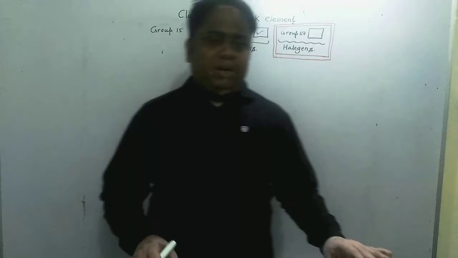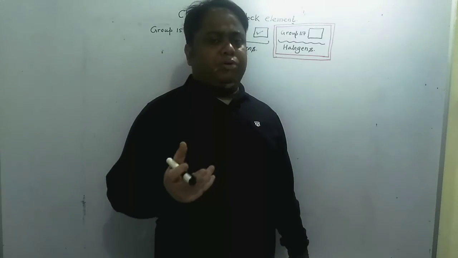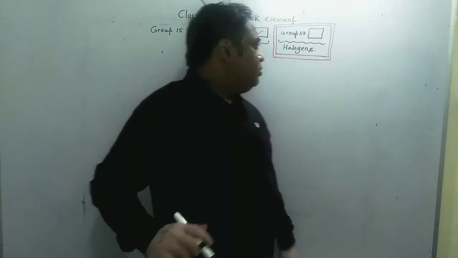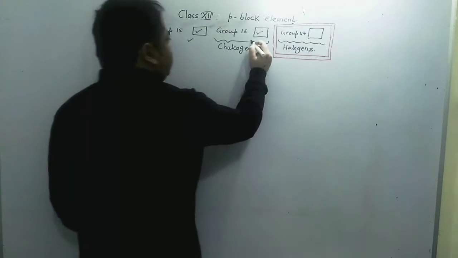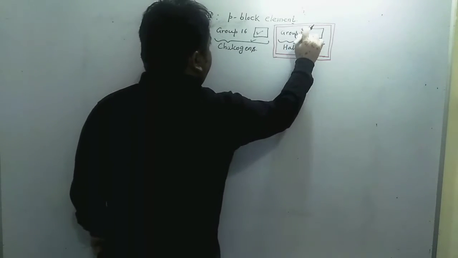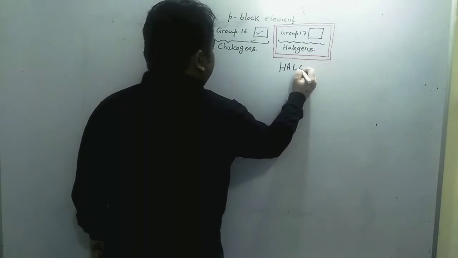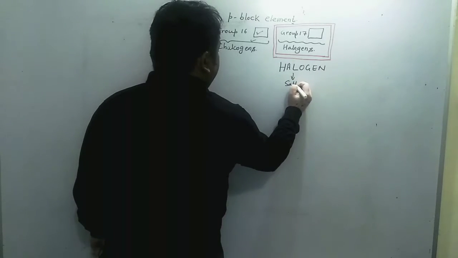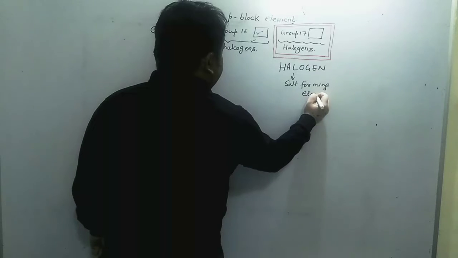So we will see a few halogens at first. After that we will see a few compounds of the halogens, and preparation of chlorine has to be studied. So group 15 we have done, group 16 we have done, and now we will be doing group 17, and group 17 is called halogen, meaning salt forming elements.